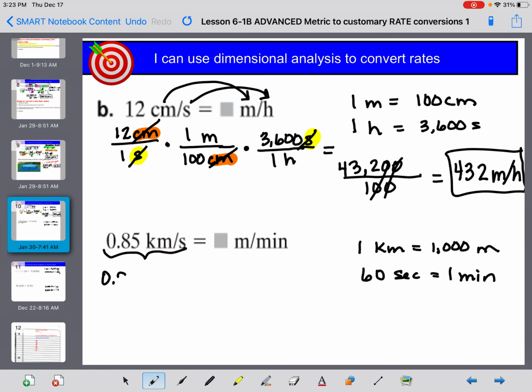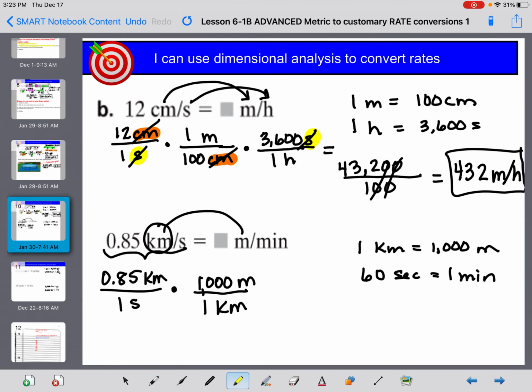Again, write this out. 8,500 hundredths kilometers per 1 second equals. Now I want to convert kilometers to meters. So 1,000 meters over 1 kilometer. Again, notice that the kilometers, one is in the numerator, one is in the denominator. That's not the only label I need to switch. I need to convert seconds to minutes.